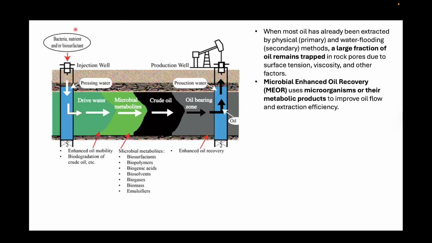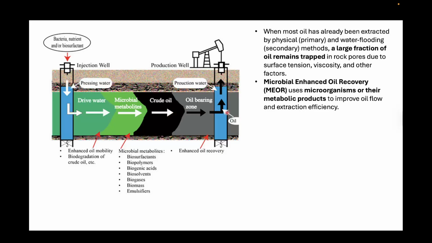So again, let us revisit the MEOR system. Bacteria and nutrient or biosurfactant is injected into the injection well, which drives the water for enhanced oil mobility and biodegradation of the crude oil. Microbial metabolites like biosurfactants, polymers, acids and gases help in different procedures that we just learnt in the previous answer.